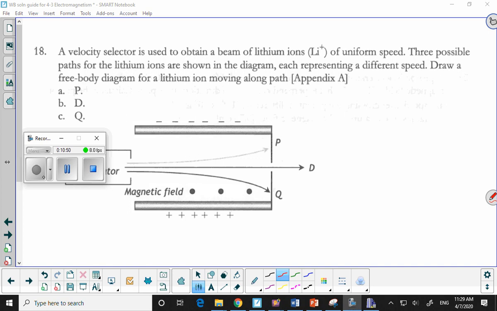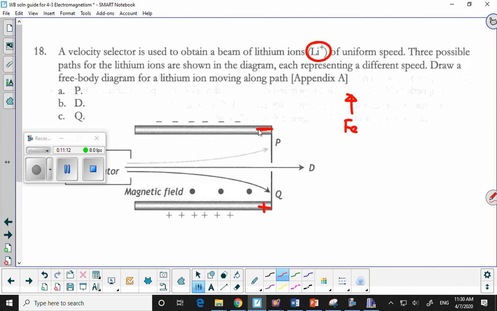So what it has is, you can see it has charge plates. At the top we have a negative plate, and a positive plate. These particles are going through and they're lithium ions, which means they're positive, which means the electric force is pulling them up. So the Fe is pulling them up.